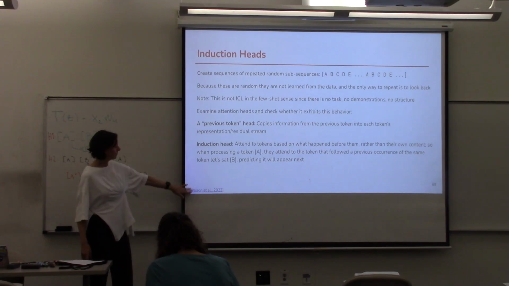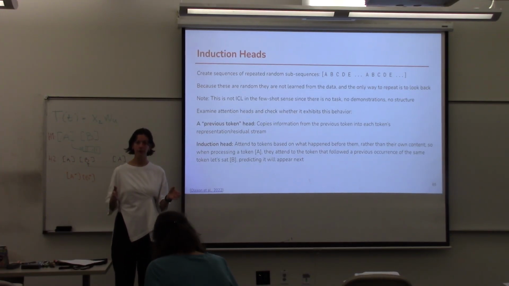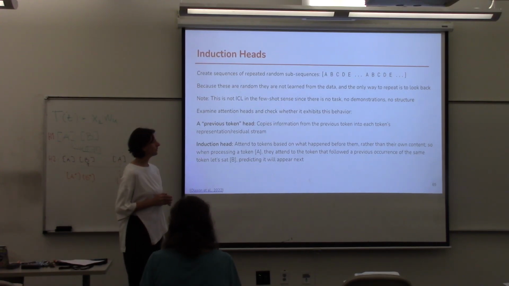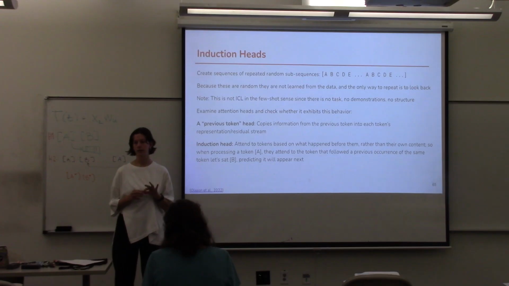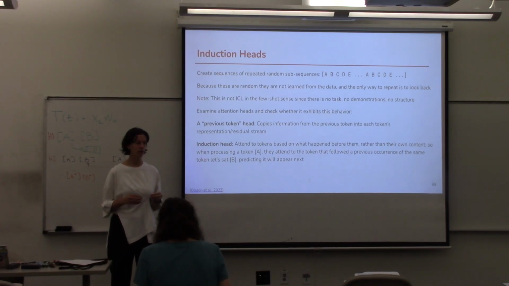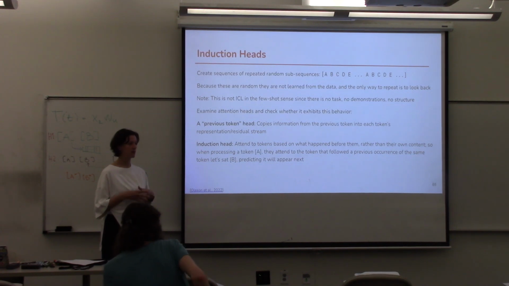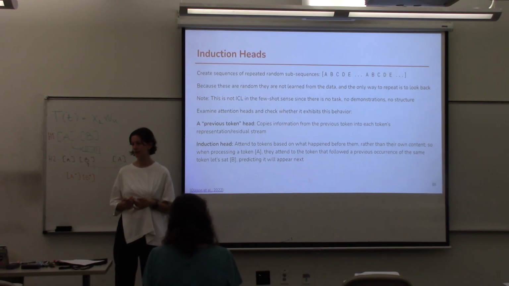So in this paper, an article still in the Anthropic transformer circuits thread, they define these sequences. They take a random sequence of, let's say, length 50, and then they keep repeating it. This is not an in-context learning task, just to be clear. In-context learning means you have a task, such as summarize something, answer something, a proper task, and you give demonstrations about how to complete that task, right?